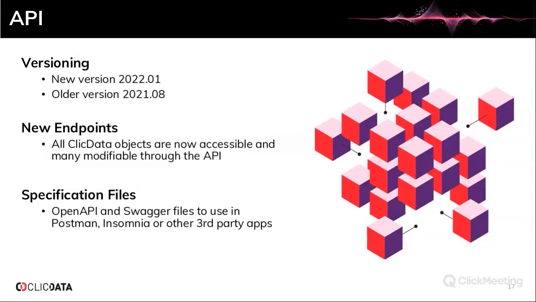The only thing which is not possible yet is editing dashboards through the API, but basically everything else can be done, triggering schedules, alerts, etc. We also have 2 formats of specification files, which you can use in your third-party application as a library for all the endpoints that are available in the API.